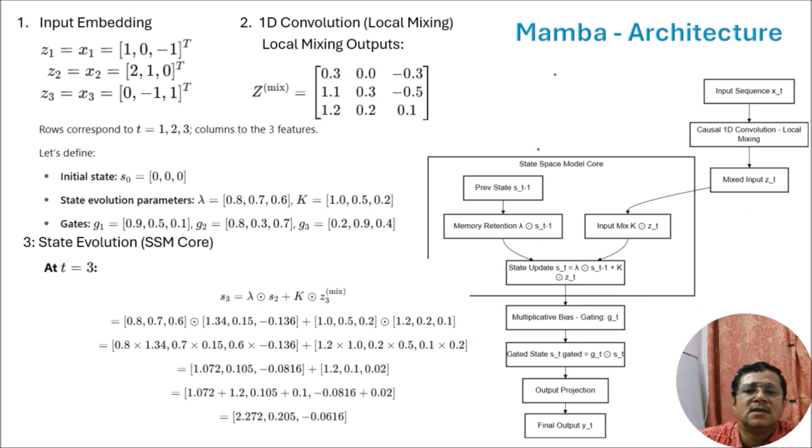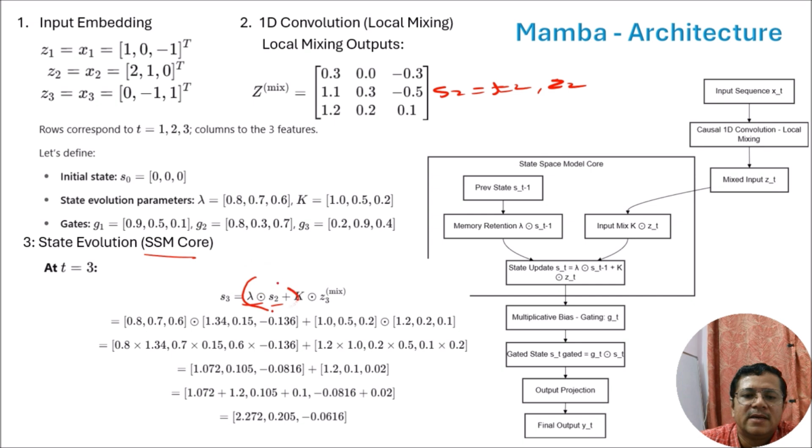Similarly at time t equal to 3, the state space model core memory management value will be our S3. So we will multiply lambda with our S2, that is our t equal to 2 value, that is our Z2 value also.